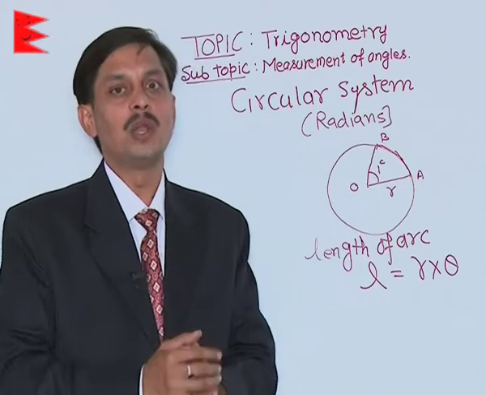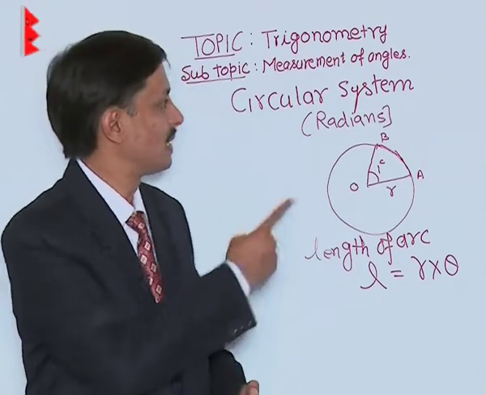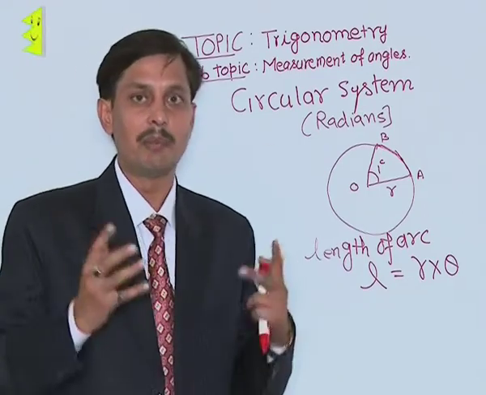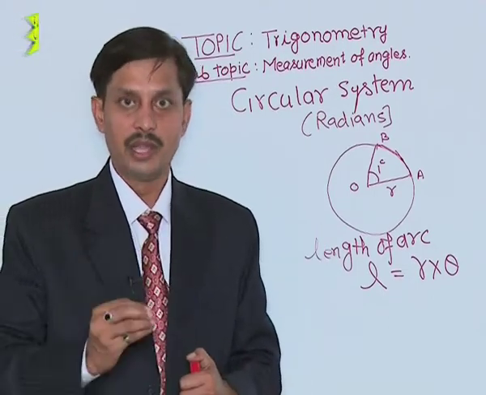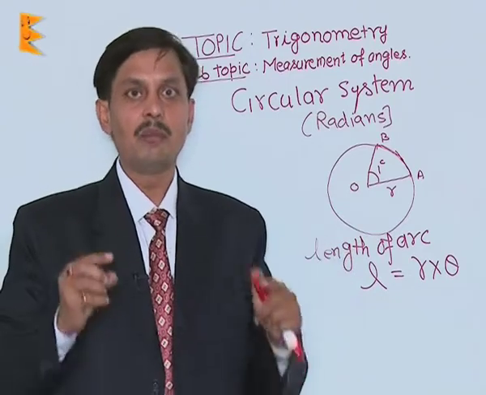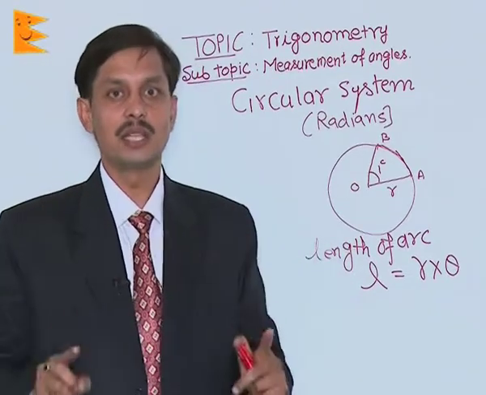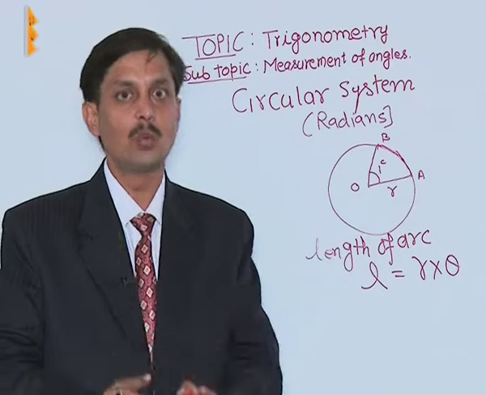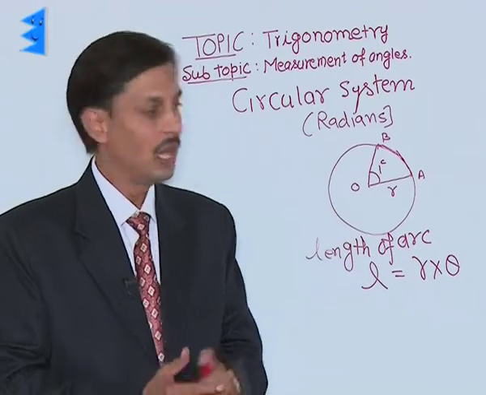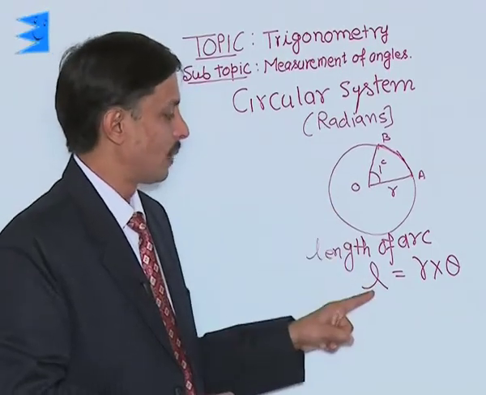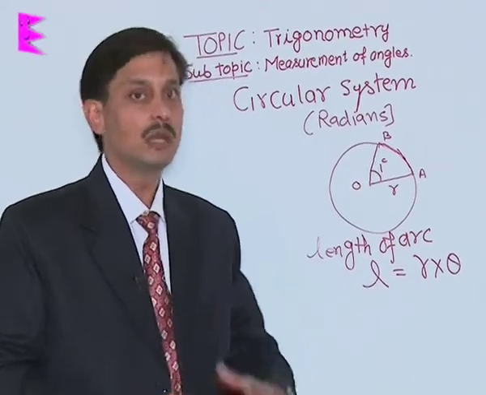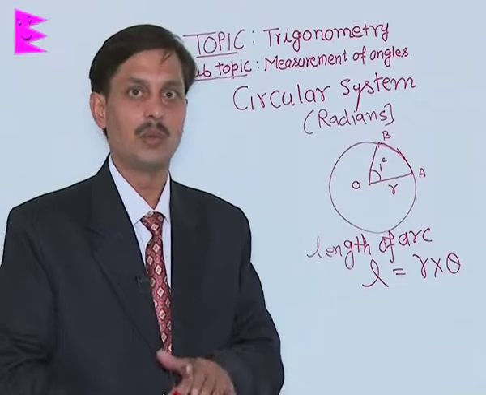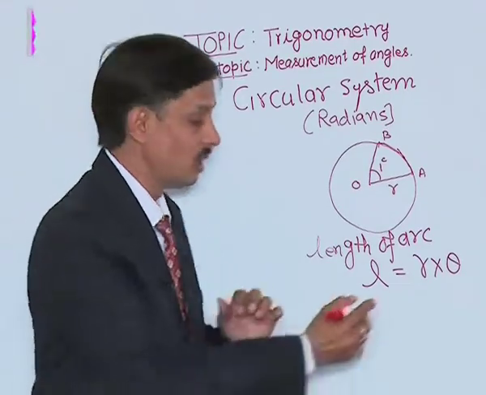And the very useful, popular and required system of measurement is the circular system, where we measure angles in radians, and 1 radian is the angle made at the center of any circle if the length of the arc is equal to the radius length. And if we are applying the formula l equals r into theta, then l and r must both be in centimeter, millimeter, decimeter, whatever, but theta must be in radians.